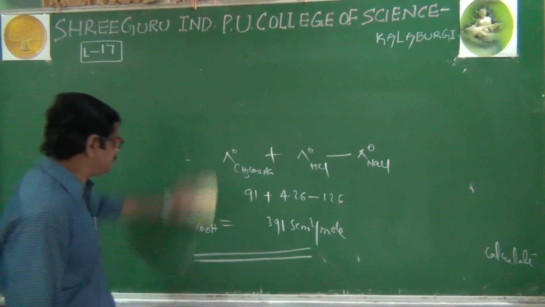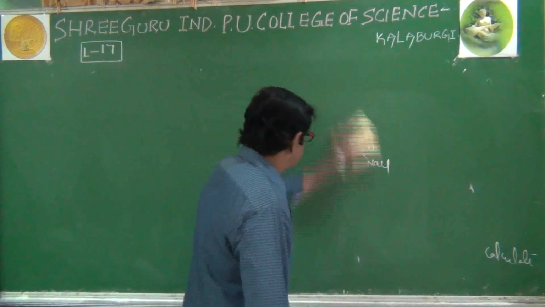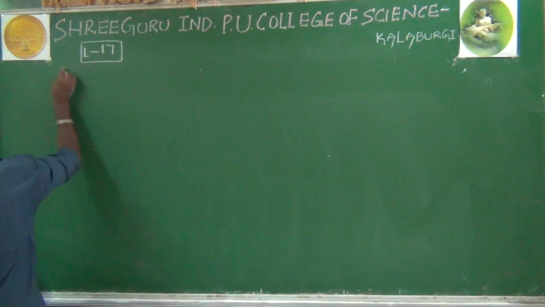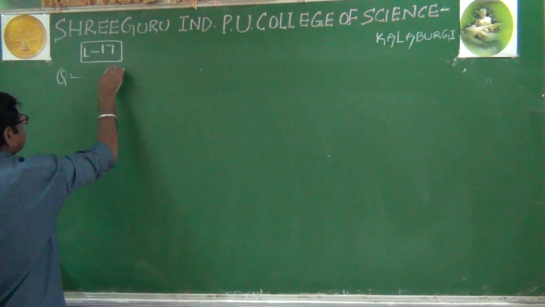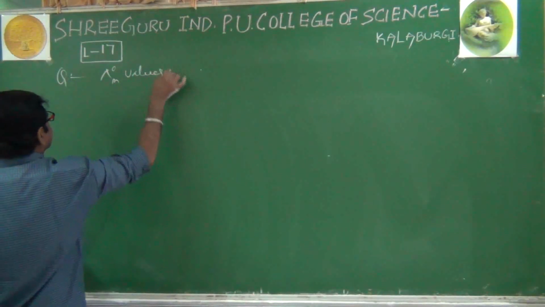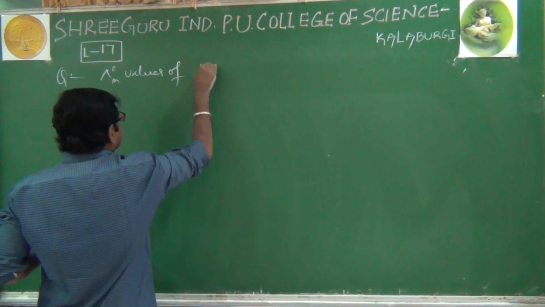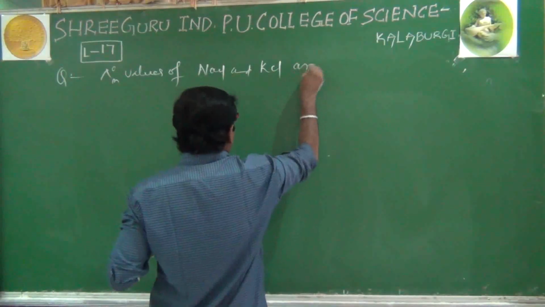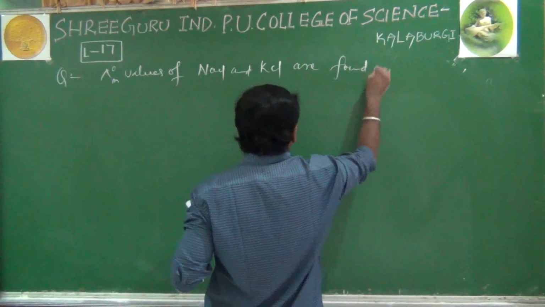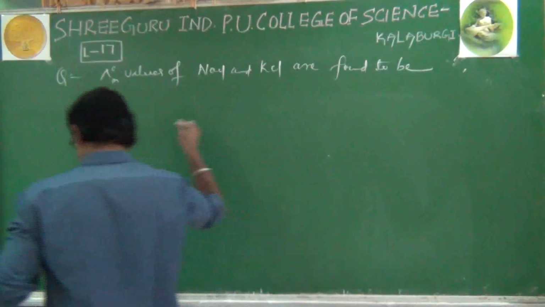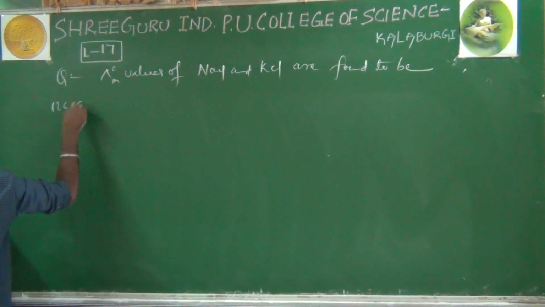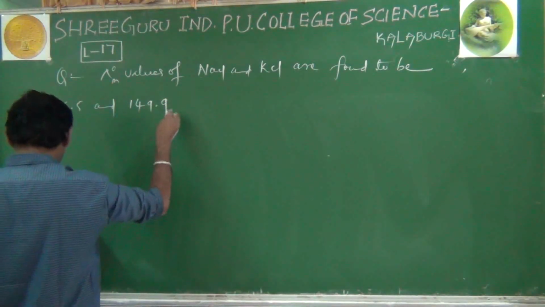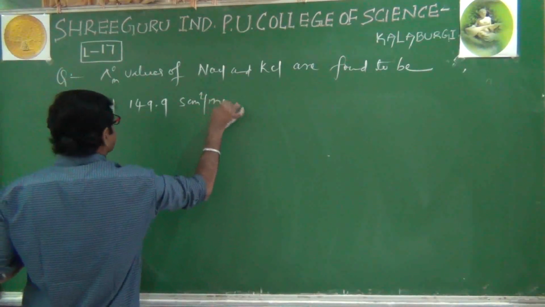Next we'll go to the second question. Lambda m naught values of NaCl and KCl are found to be 126.5 and 149.9 Siemens centimeter square per mole.